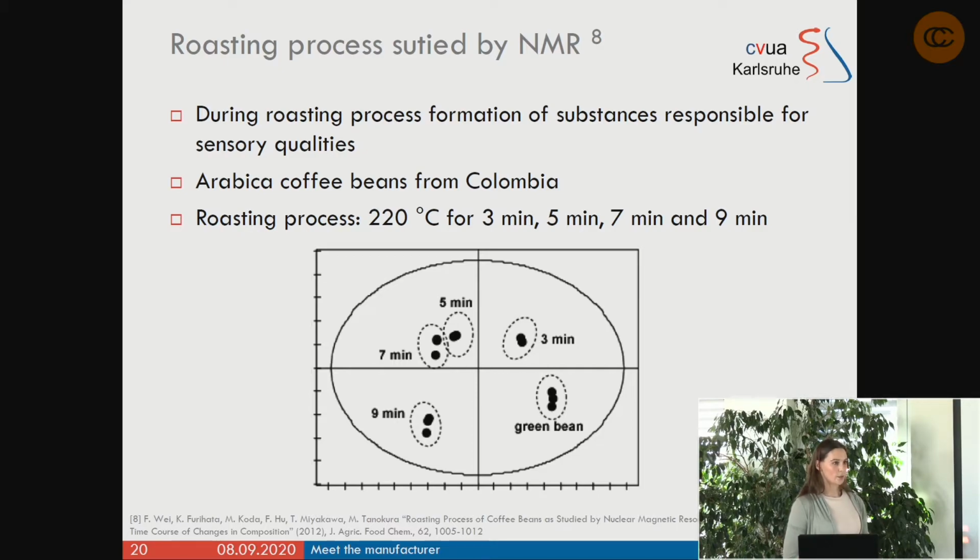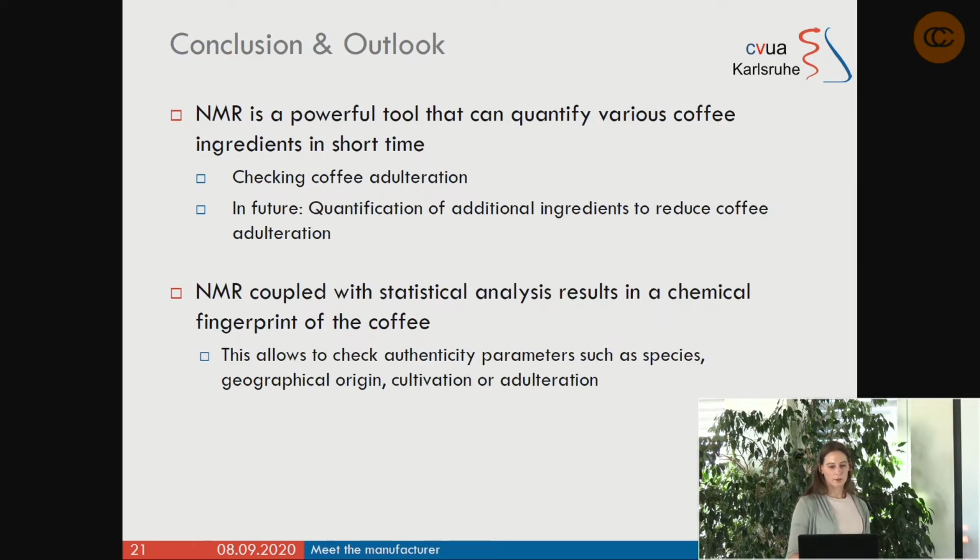The figure here again shows that the separation of the roasting degree was successful, but with statistical analysis it could be figured out that the degradation of chlorogenic acid with the formation of quinic acid had a strong influence on the separation, and also the aroma precursor growth influenced the separation. The study showed also that trigonelline and N-methylpyridinium can act as indicator for the roasting degree.